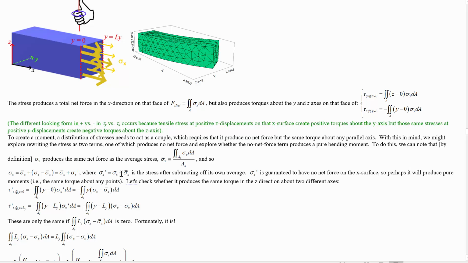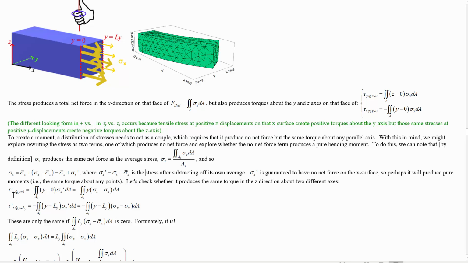So this is kind of a necessary condition for producing a moment. The other thing we need for it to be producing a moment is that it produces the same torque about any parallel axis. This thing turns out to produce the same torque about any parallel axis. Let's see how we would see that.